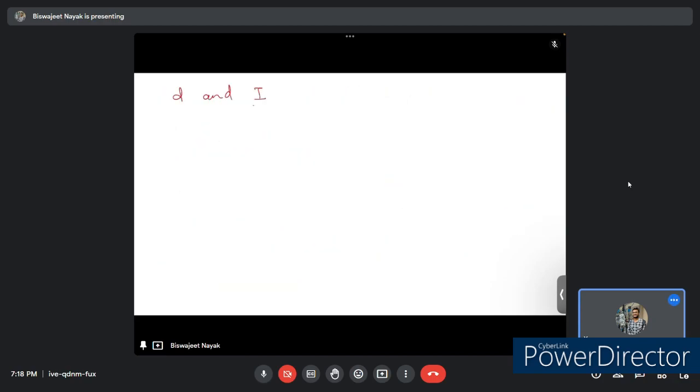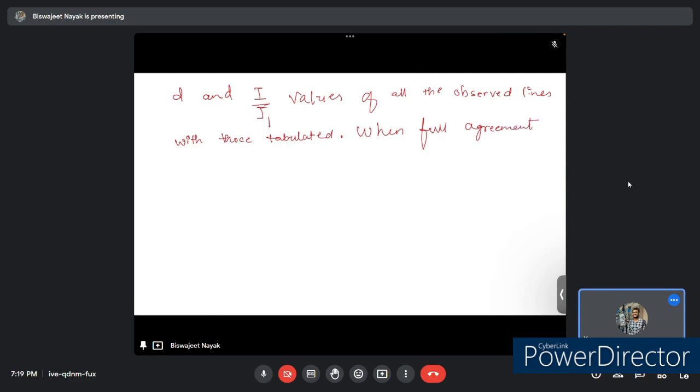Here PDF means powder diffraction file, and we compare the D and relative intensity ratio values of all the observed lines with those that are tabulated.